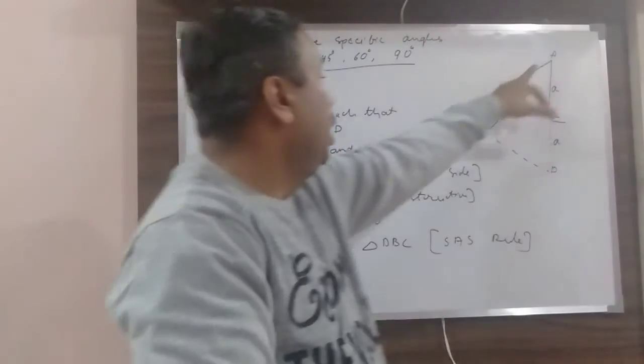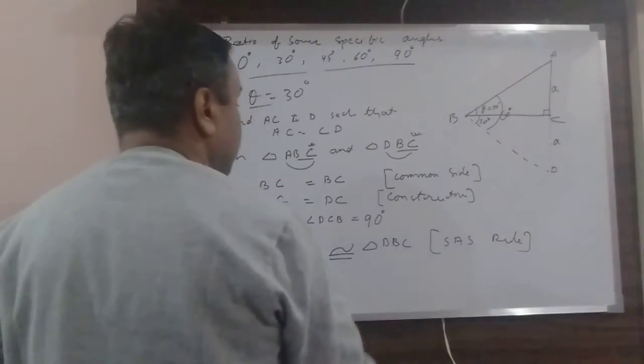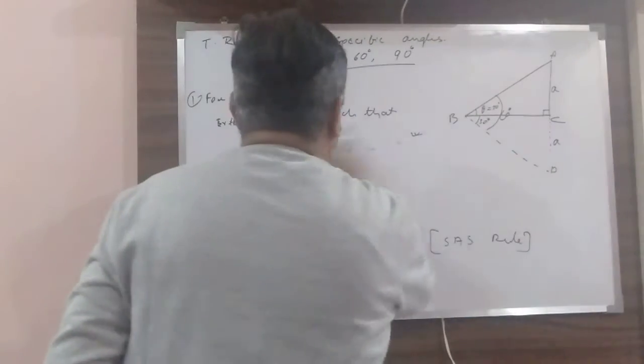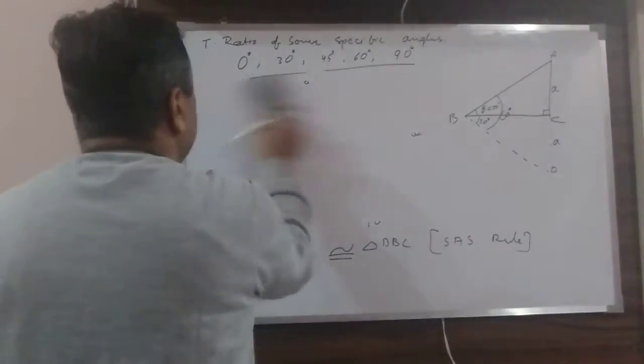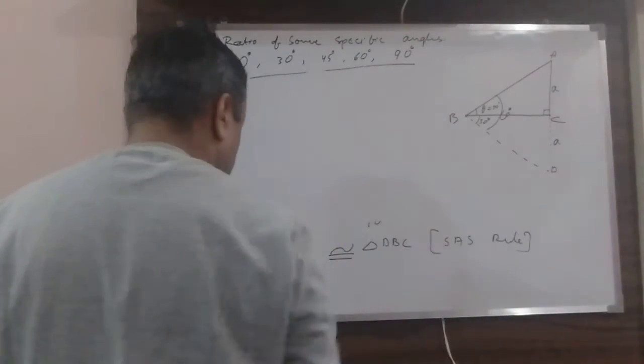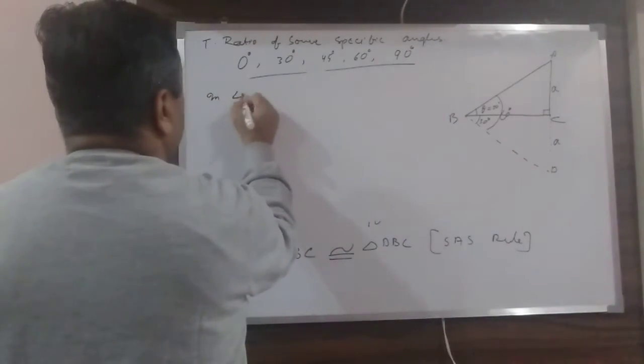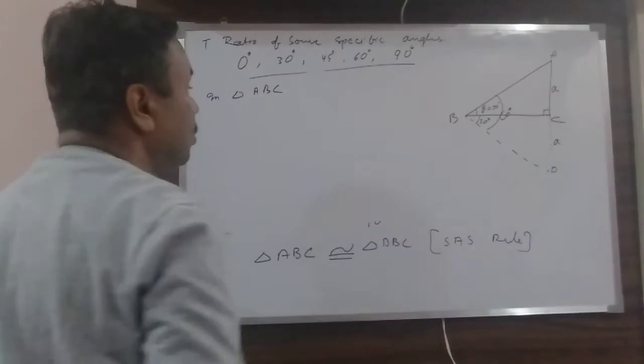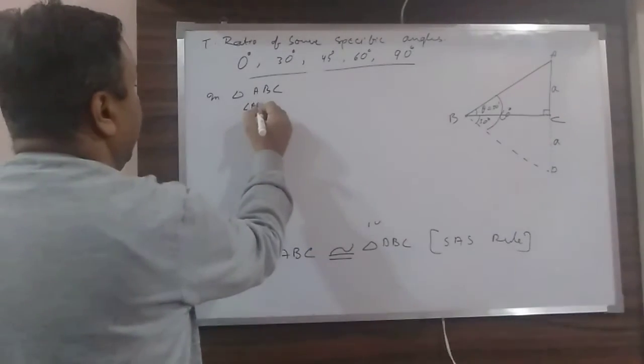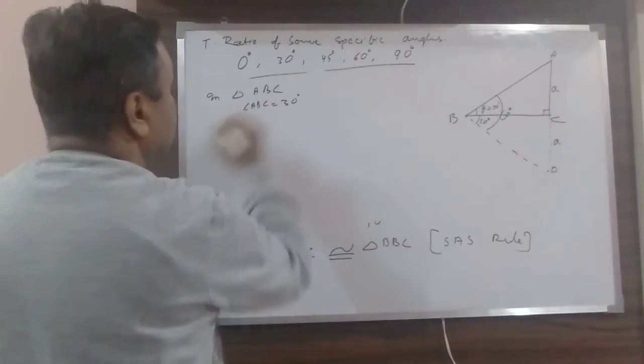Now if you take this triangle, in triangle ABC, you see angle ABC was 30 degree.